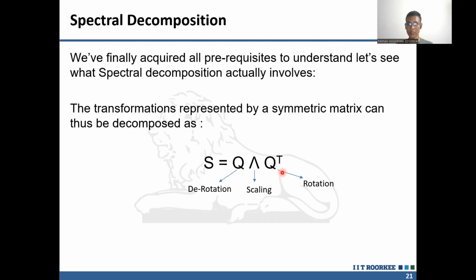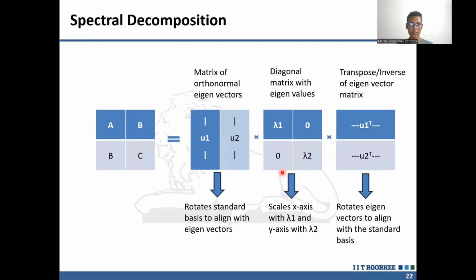The scaling lambda factor scales the axes, providing magnification or shrinking operations along a particular basis. The final Q matrix derotates and brings the plane back from the standard basis to its original eigenbasis. To better understand this, here is a proper visualization.